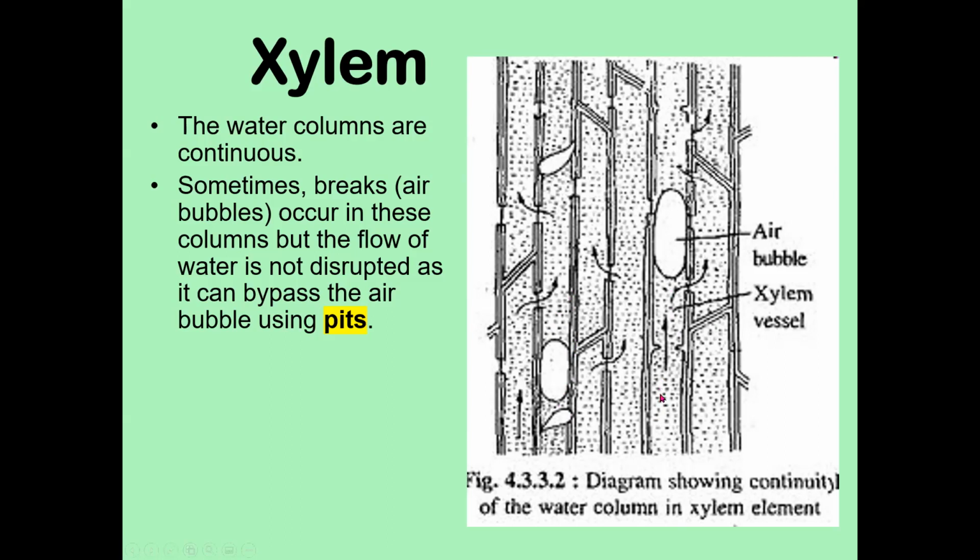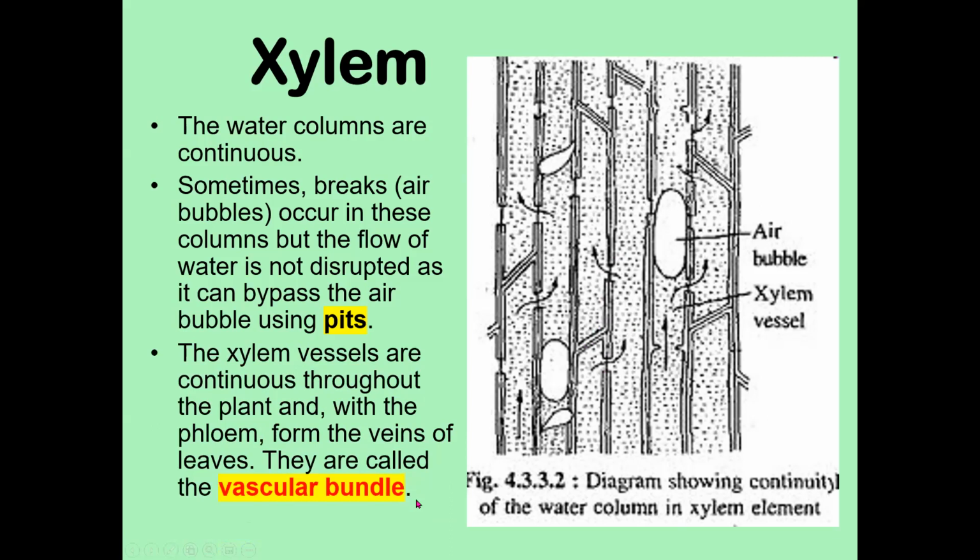Now, once you've got an air bubble, the water can't get past it. But it keeps going through these pits, so it bypasses it, and eventually the air gets taken up by the water and disappears, and the whole thing just keeps on going. Okay, so it's a mechanism which uses physical properties of water.